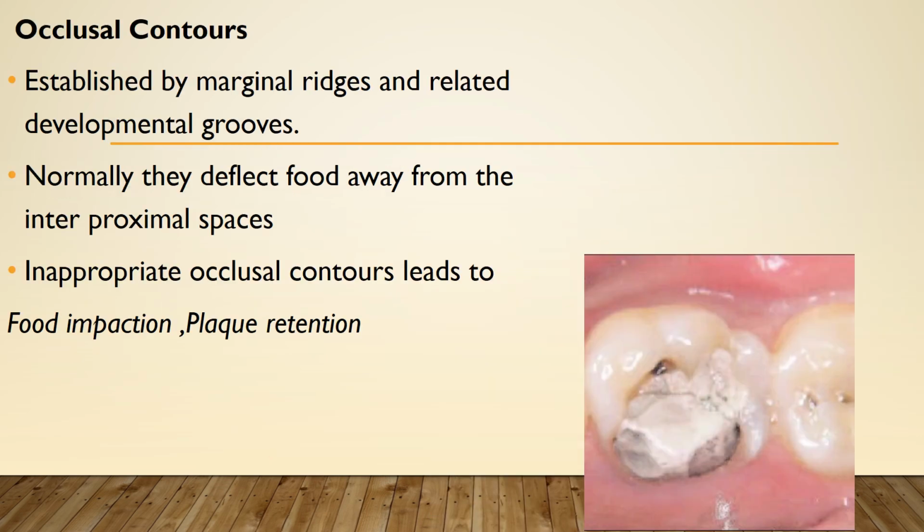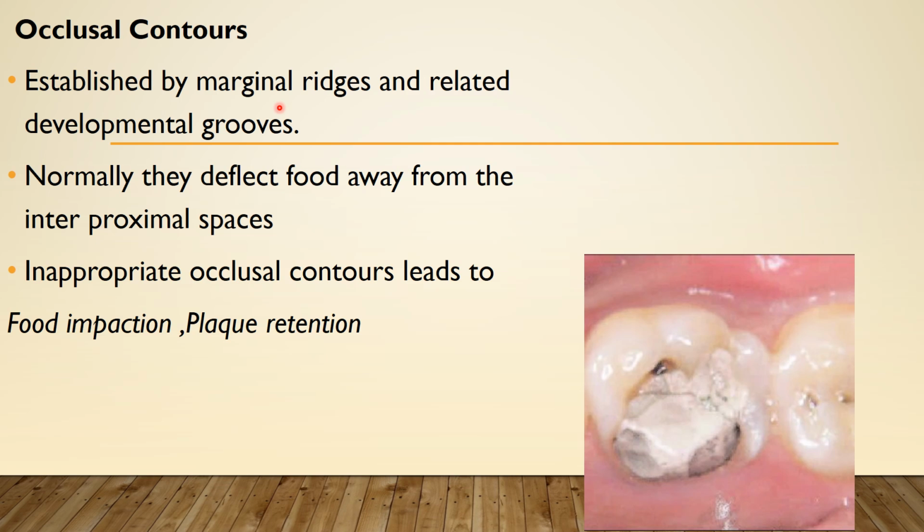Coming to the next one, the occlusal contours. They are established by marginal ridges and related developmental grooves. If the marginal ridges and developmental grooves are in a proper way, they will always deflect the food and not allow it to be retained.